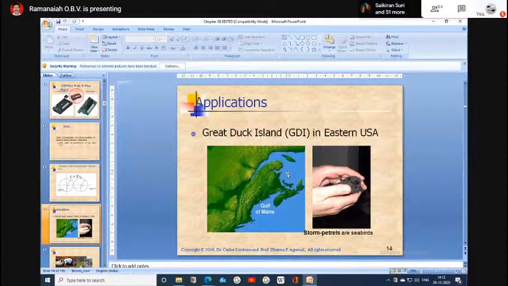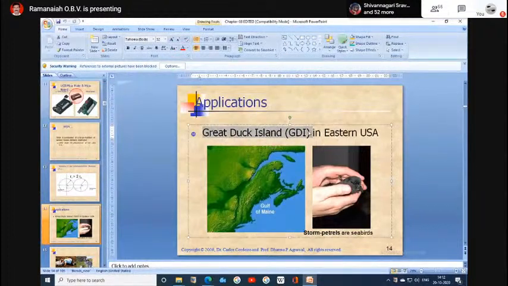Then the GDI application: they wanted to study the habits, living habits or living conditions, of seabirds, storm petrels. So the University of California, Berkeley people selected this island in the state of Maine, in the Gulf of Maine, right?